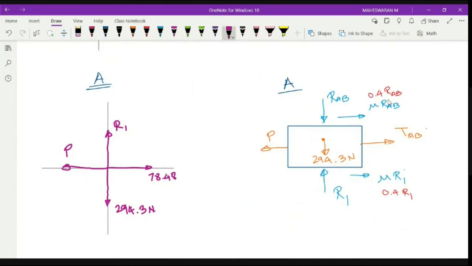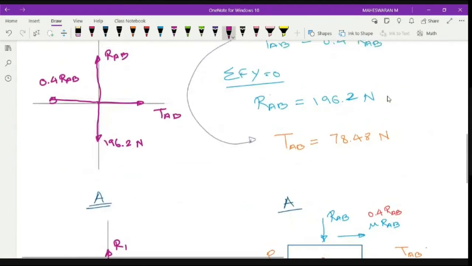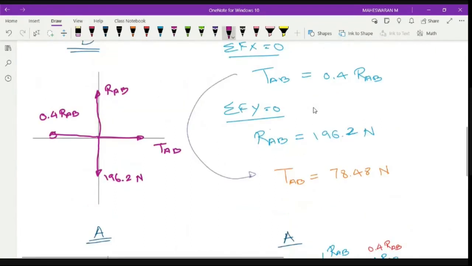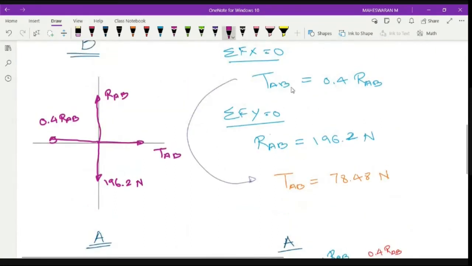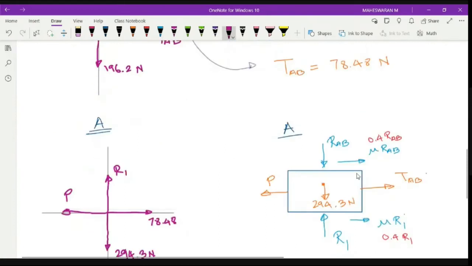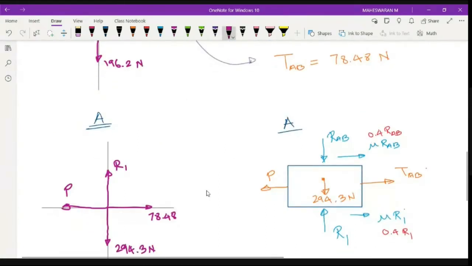And then you have mu into RAB, that is also known, right? 0.4 into RAB is nothing but TAB, again 78.48 acting here, right? So plus 78.48. Next, this one, plus 0.4 R1.